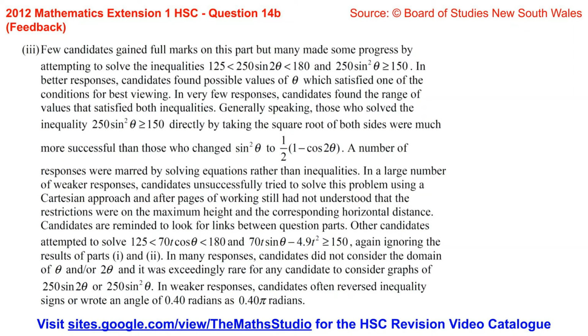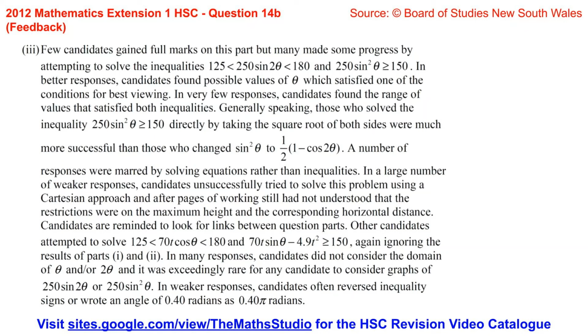In very few responses, candidates found the range of values that satisfied both inequalities. Generally speaking, those who solved the inequality 250 sine squared theta greater than or equal to 150 directly by taking the square root of both sides were much more successful than those who changed sine squared theta to half times 1 minus cos 2 theta. A number of responses were marred by solving equations rather than inequalities.